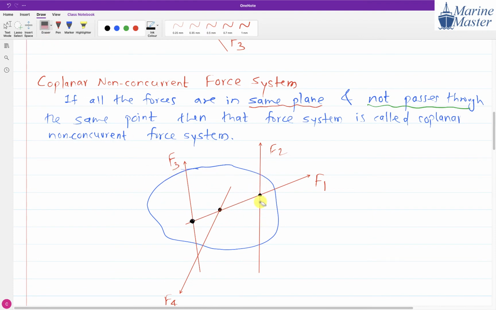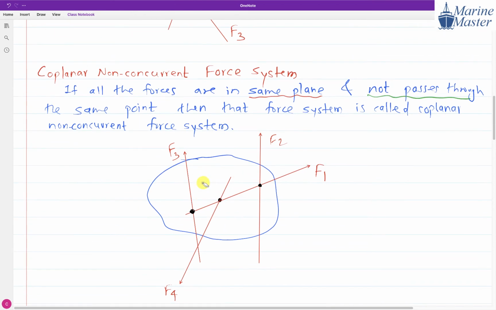The F1, F2 intersection point is this one, the F1, F4 intersection point is this one, and the F3, F4 intersection point is this one. So their intersection points are not the same. Then we say this is a coplanar non-concurrent force system. You got the meaning? All the forces are in the same plane but do not pass through the same point. Please write down this discussion.